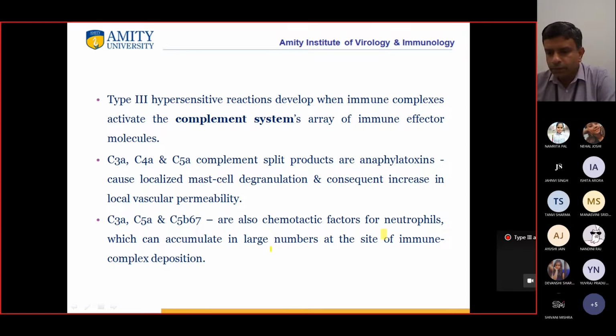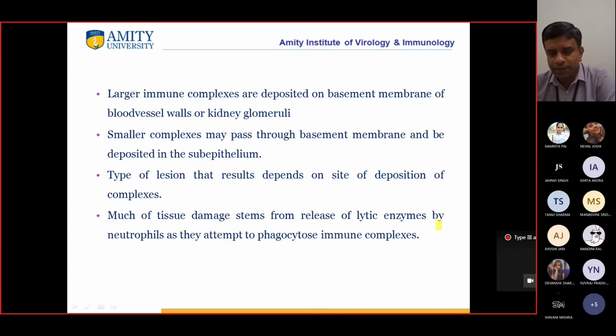Okay, so as I said, neutrophils will reach that site, a very large number of neutrophils. Now what happens is that the larger immune complexes are deposited on the basement membrane of the blood vessel wall or the kidney glomeruli.